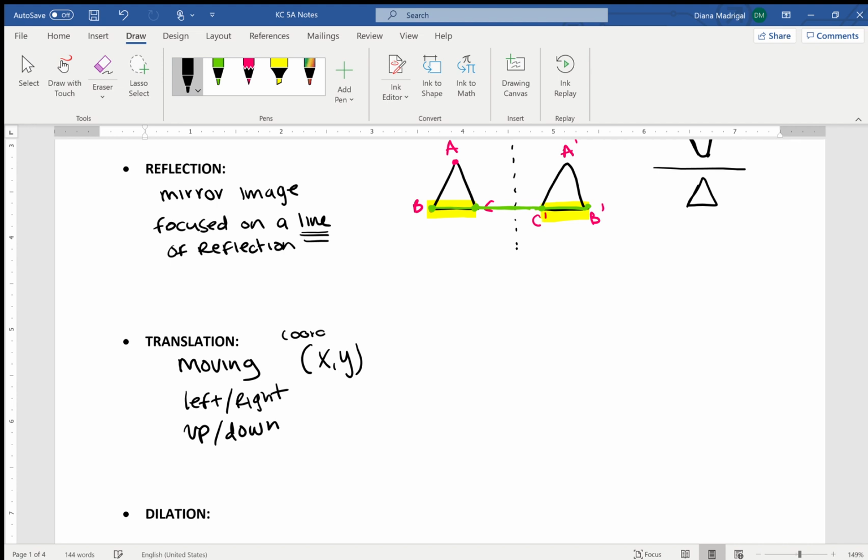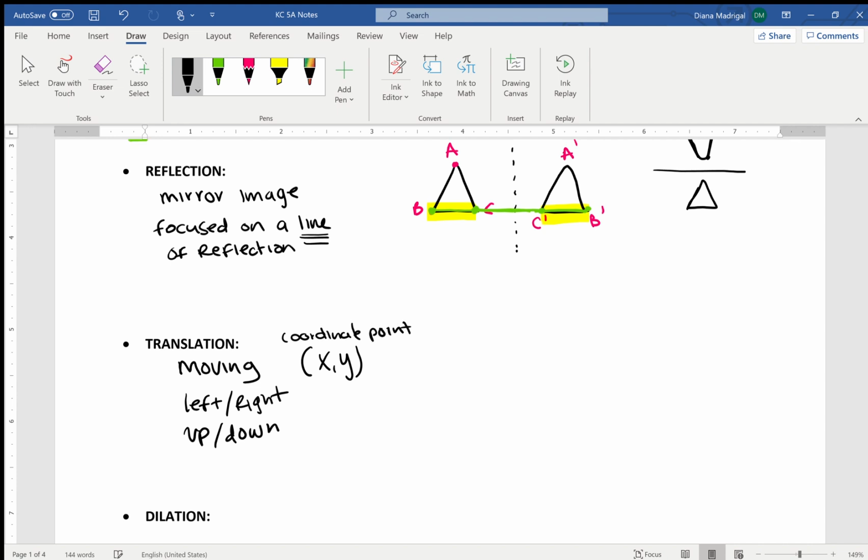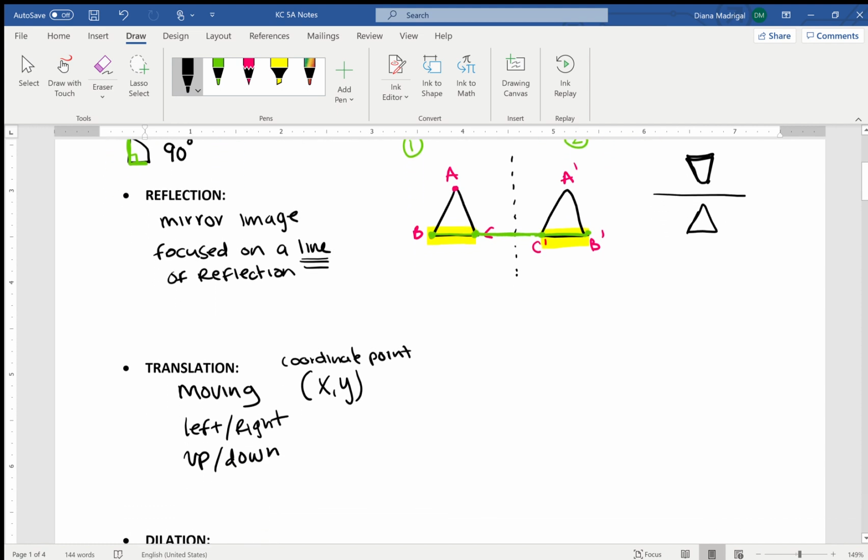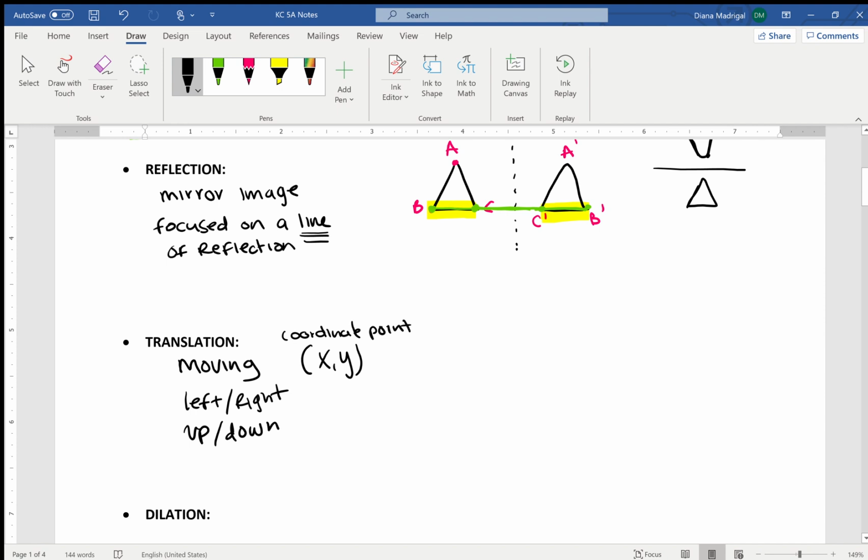So remember that. Rotation focuses on a point. Reflection focuses on a line. Translation focuses on the coordinate point. X represents when you move left and right. Y represents when you move up and down. That's why it's in a coordinate point.